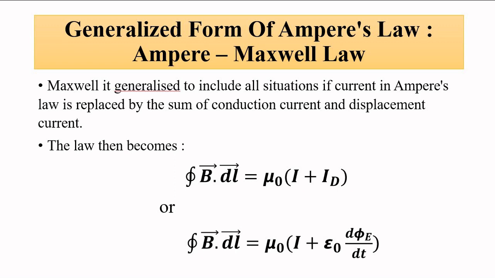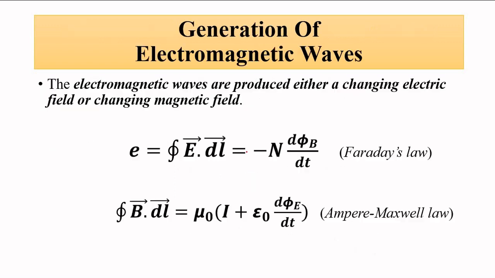Then we'll see that the first law gives us the relationship between the electric field, obviously the line integral of the electrostatic field, and the rate of change of magnetic flux with respect to time. Electric field and magnetic flux, two different things. One is related to electrostatics, one is related to magnetostatics.